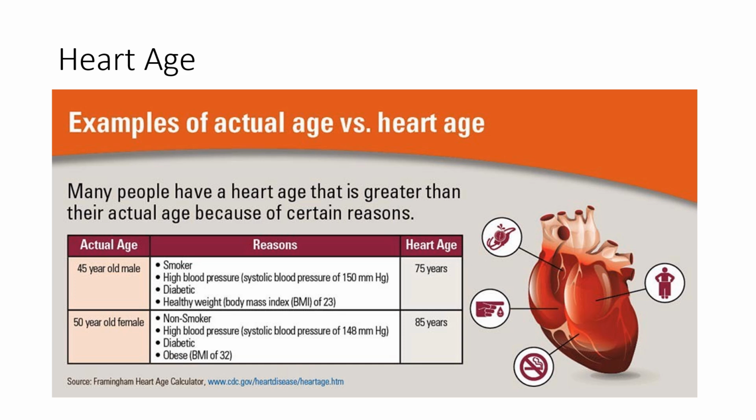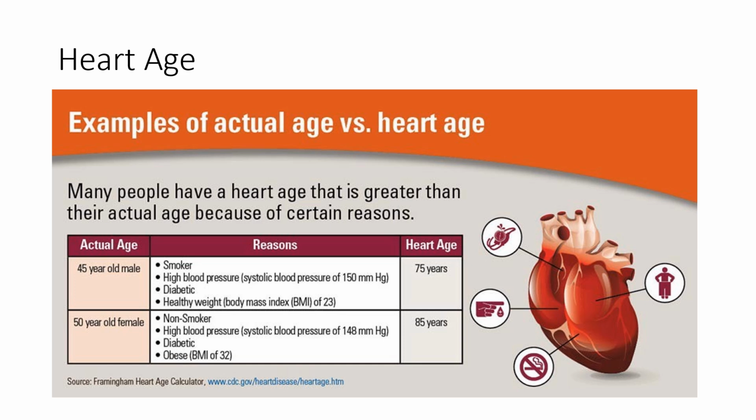And we're adding in all of these modifiable risk factors. So we're saying that the individual smoked, that they had high blood pressure, that they were diabetic, and that they had a healthy weight. And we're saying that with all of these risk factors included, that the age of the heart is actually 75 years old. So it's actually 30 years older than the individual itself.